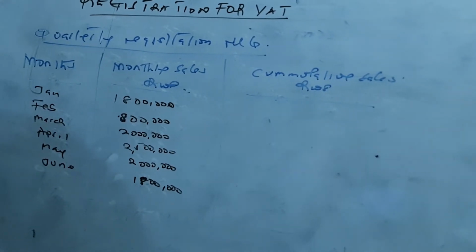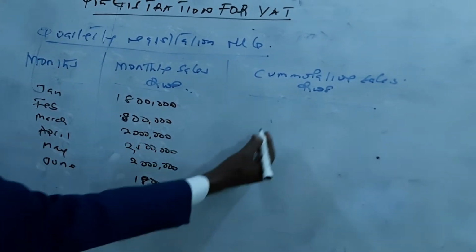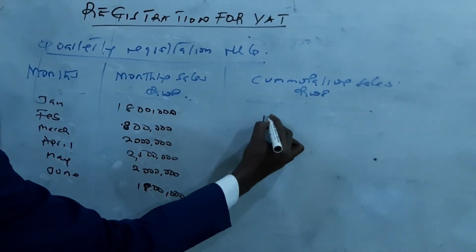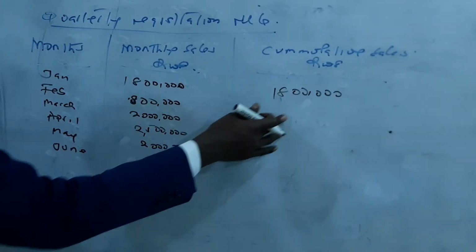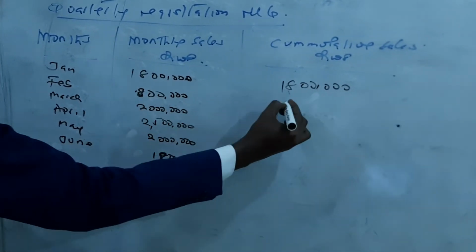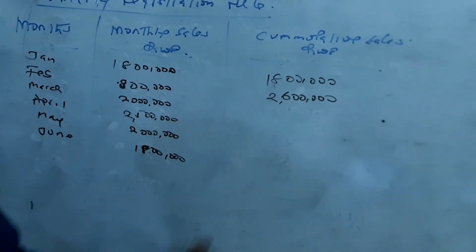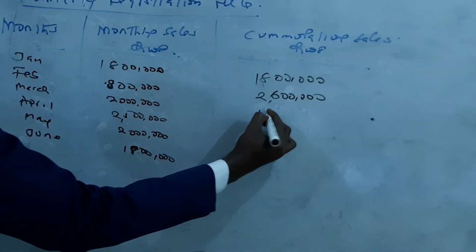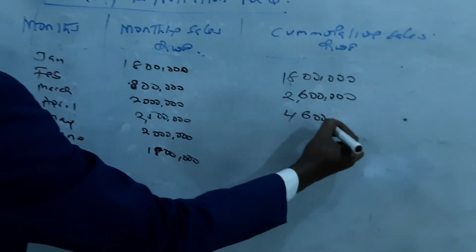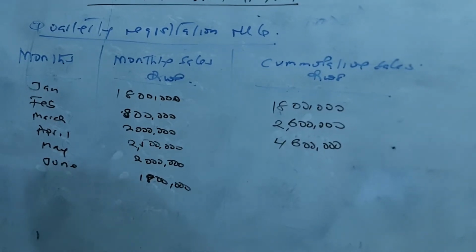Now let us look at the cumulative sales. The way it happens, you bring this 1.8 here. So this 1.8 plus 800 gives you 2.6. This 2.6 plus 2 million gives you 4.6.